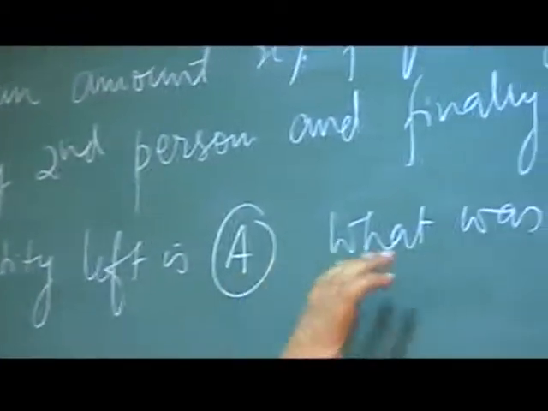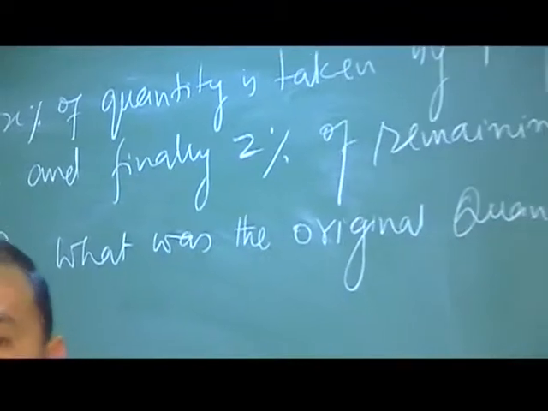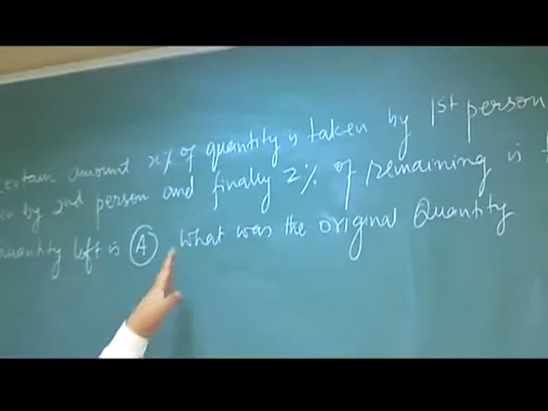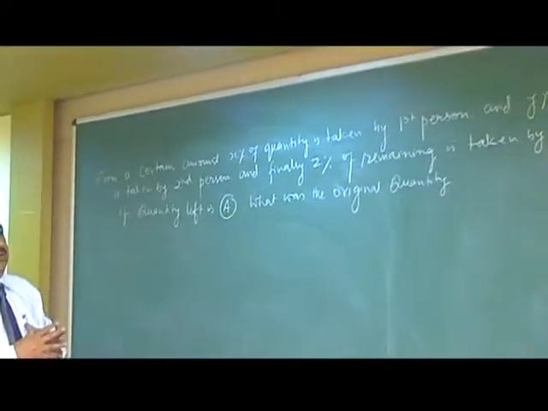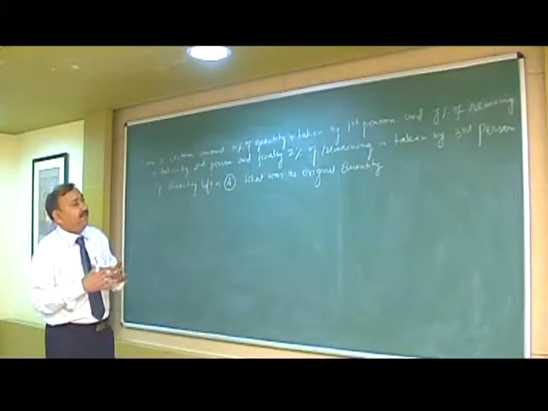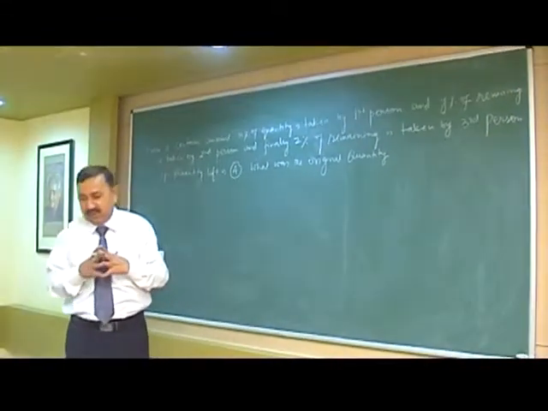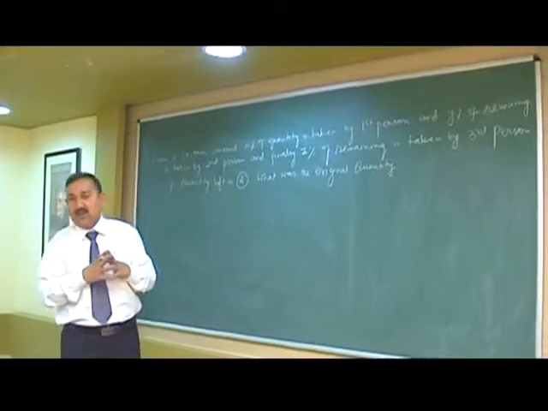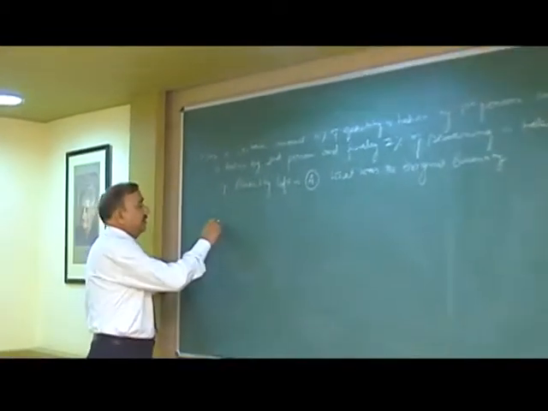Then if the quantity left is A, what was the original quantity? How to solve such questions? We have a shortcut one-line method to get the answer.